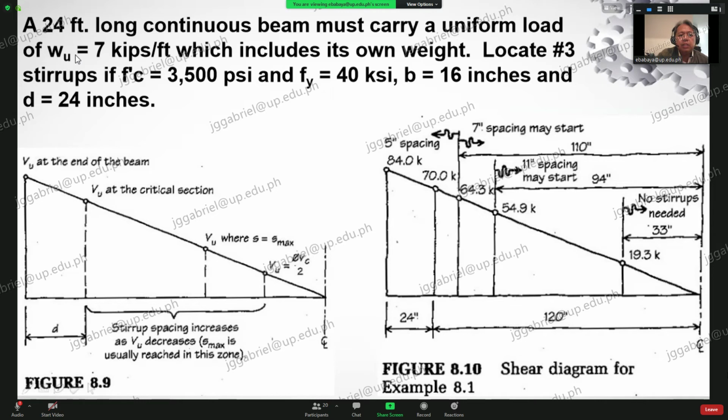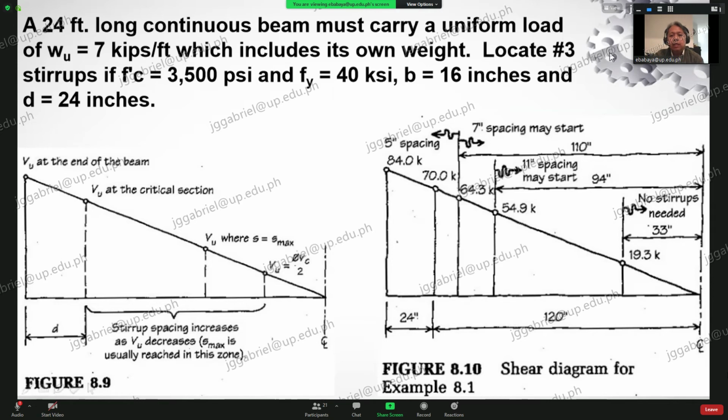If you see this u, that means this is already multiplied by the factors, let's say 1.7 for live load, 1.4 for dead load. This is the combined dead load and live load. Now, take note, uniform load.